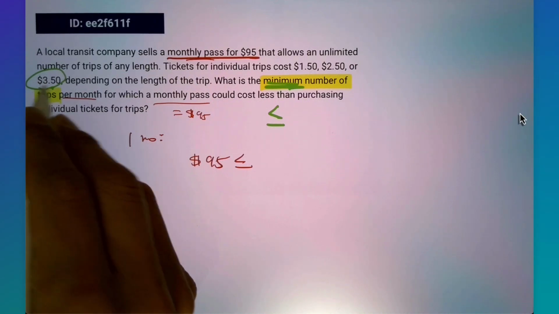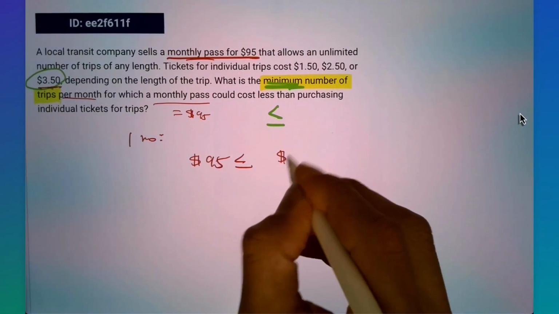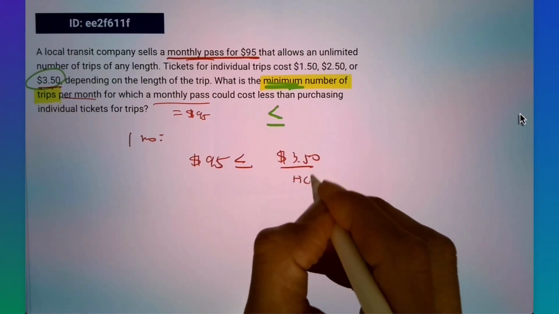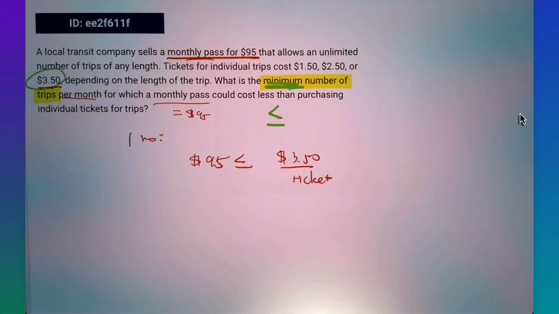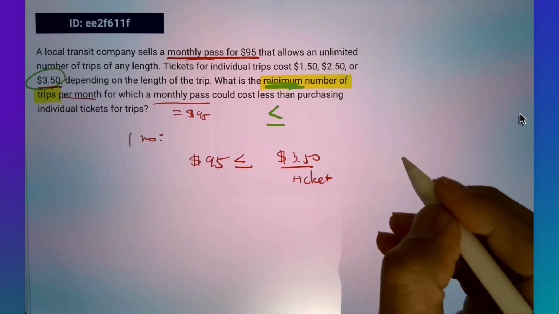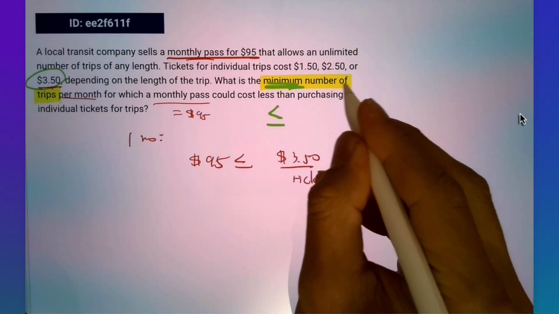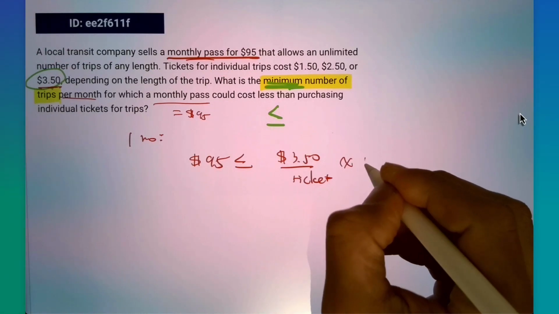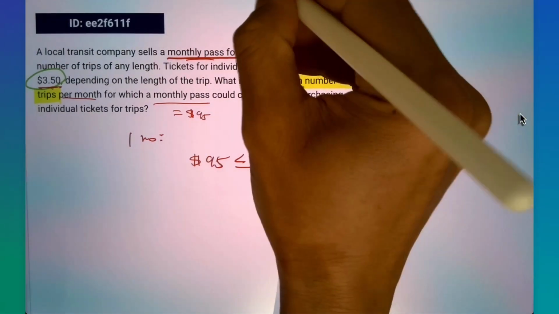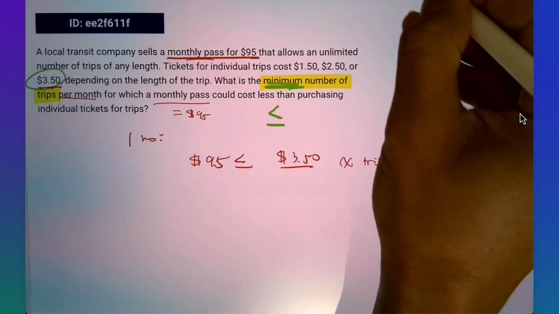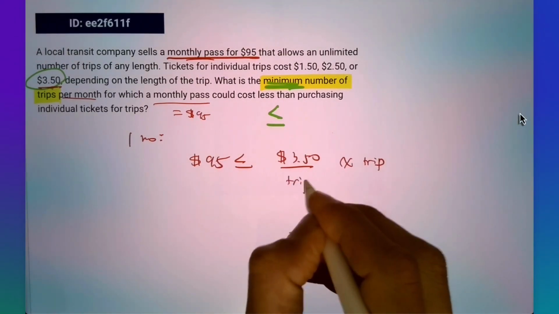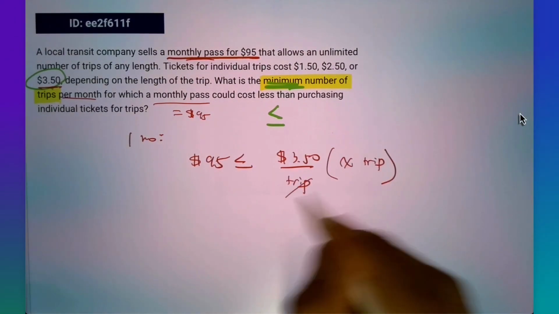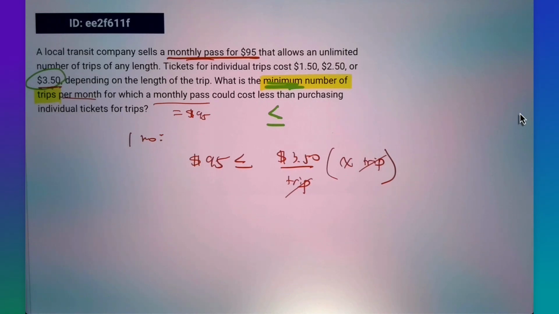We chose $3.50 per ticket to minimize the number of trips. And for that number of trips, which I highlighted, let's just call that X. X trips, and actually, ticket trip, same thing. So when you multiply this, you can see how trips cancel, and you get dollars compared with dollars.